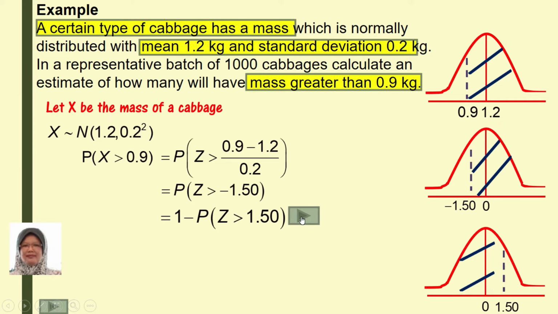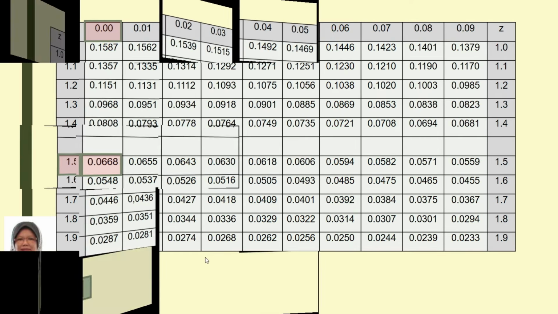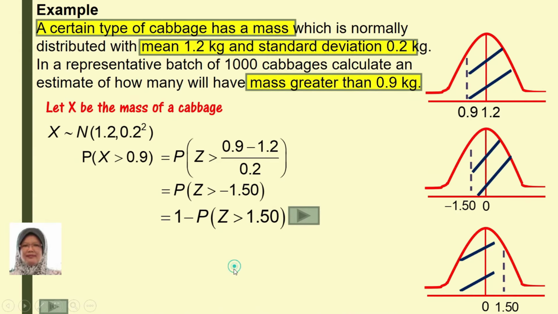So we read 1.50 from the table. We look at 1.5 in the first column and 0.00 in the top row. So the corresponding value is 0.0668. So the answer is 1 minus 0.0668, which is 0.9332.